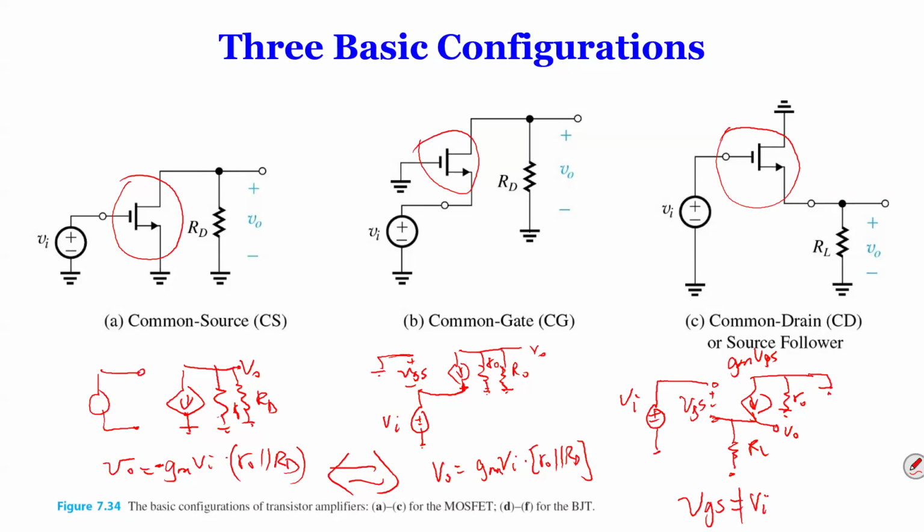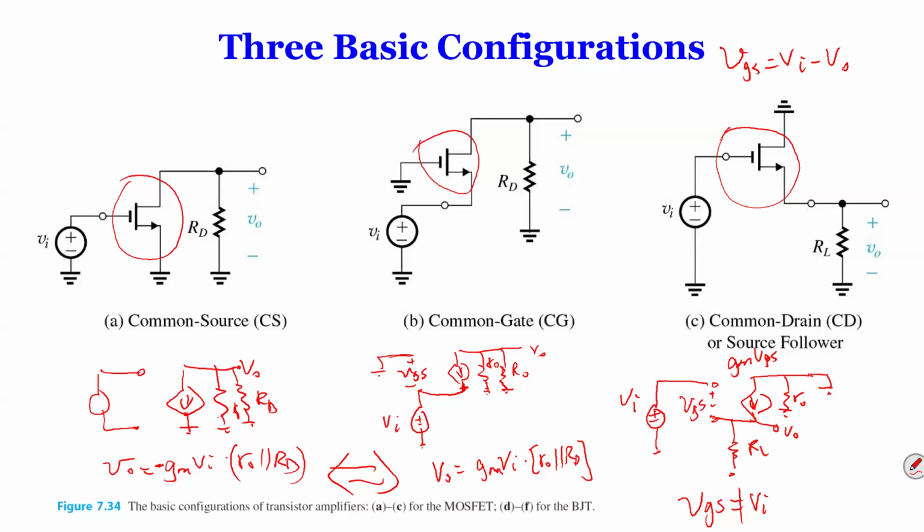Sometimes people look at it and say, oh, VGS is the same as VI, right? No, that's not the case, because this is not ground, but this is ground. So your VGS is actually VI minus VO. VI minus VO is your VGS.